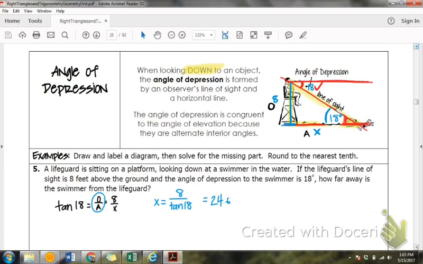Okay, so we would say the swimmer is 24.6 feet away from the lifeguard. Good. Okay, why don't you try number 6 on your own? Why don't you read it and see if you can set up a picture for number 6.